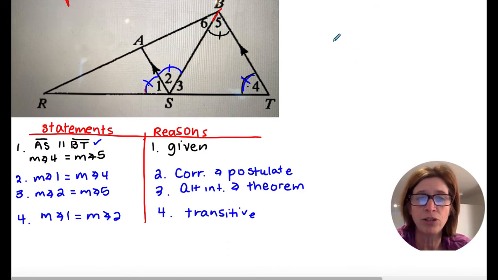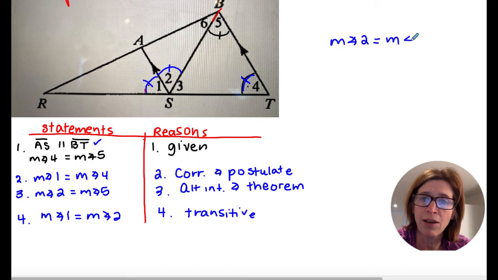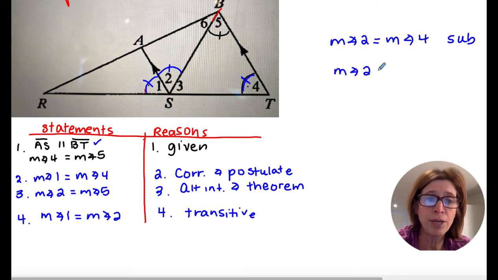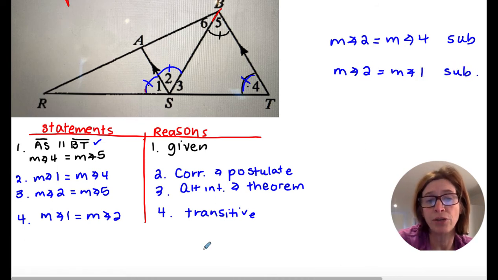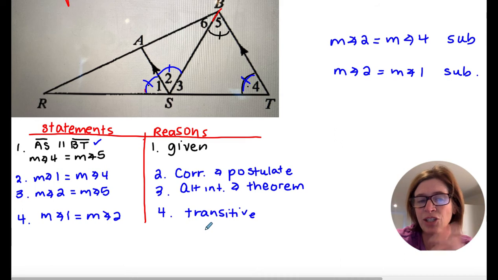So they may want you to do the measure of angle 2 equals the measure of angle 4 by substitution, and then the measure of angle 2 equals the measure of angle 1 by substitution. I'm not really sure how he's going to want you to do that. Every teacher's kind of going to do that slightly different.